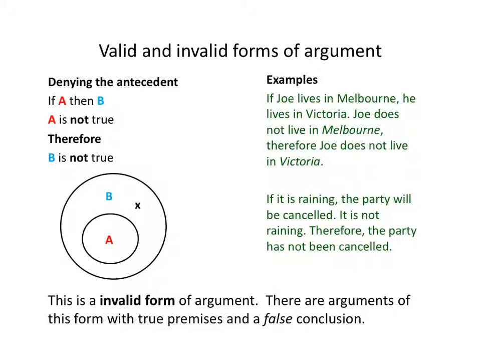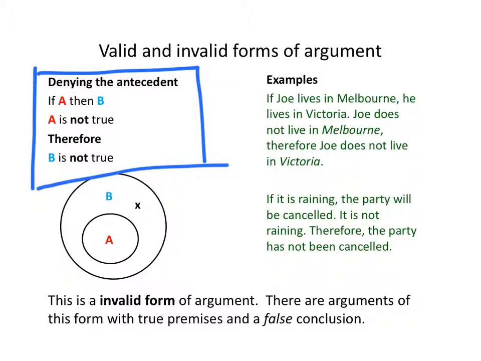Compare that to this form of argument, which is not valid, denying the antecedent. It looks similar. The first premise is the same. If A is true, then B is true. But then instead of B is not true in the second premise, we have A is not true. And we try to conclude that B is not true.